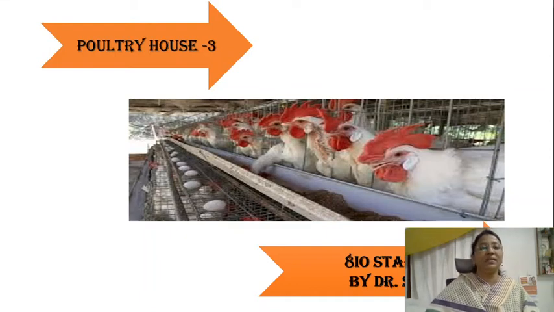Poultry houses, part 3. As we have already noted in poultry house 2, what are the uses of poultry houses and the maintenance of the poultry houses and the management to be taken in during the poultry management, how the houses have to be properly maintained by using all the disinfectants and also the spacing, the location and the transportation.